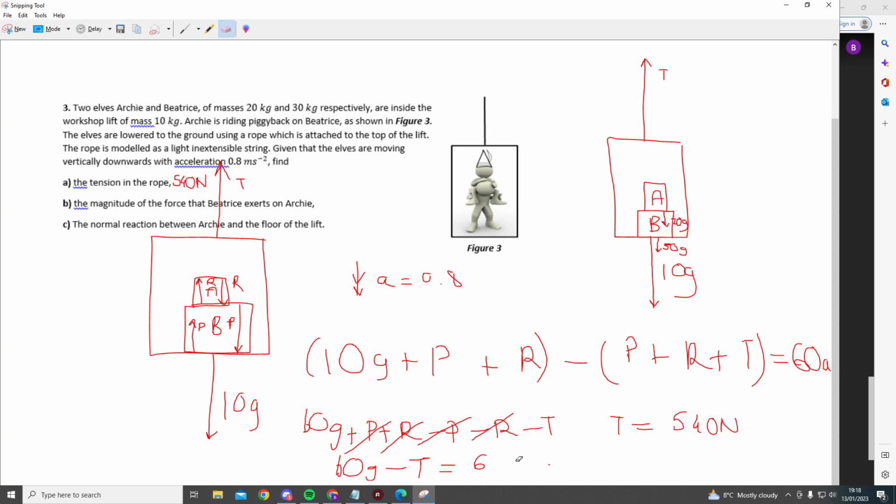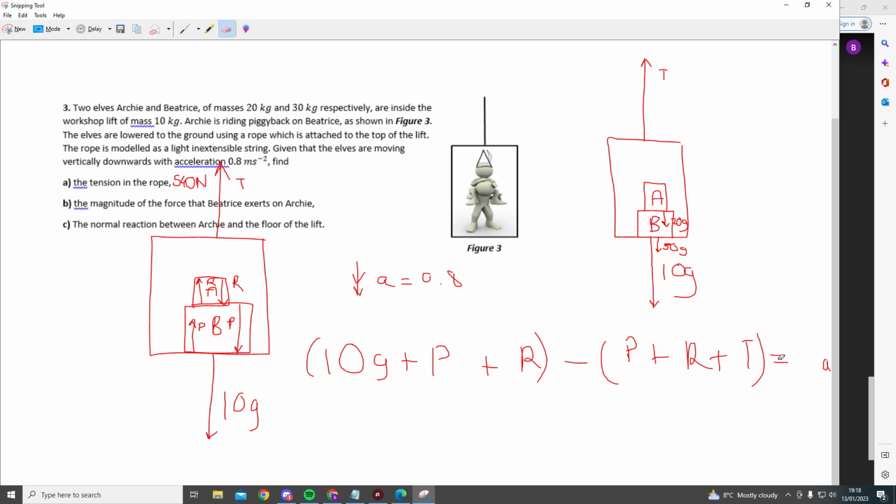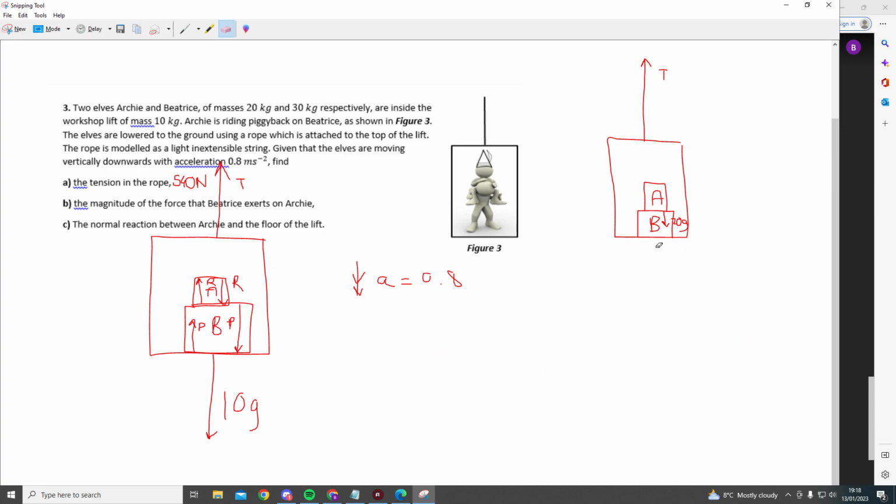Now let me just quickly rub this out. Okay. So, to find the magnitude of the force that Beatrice exerts on Archie, we're interested in R, this force right here.